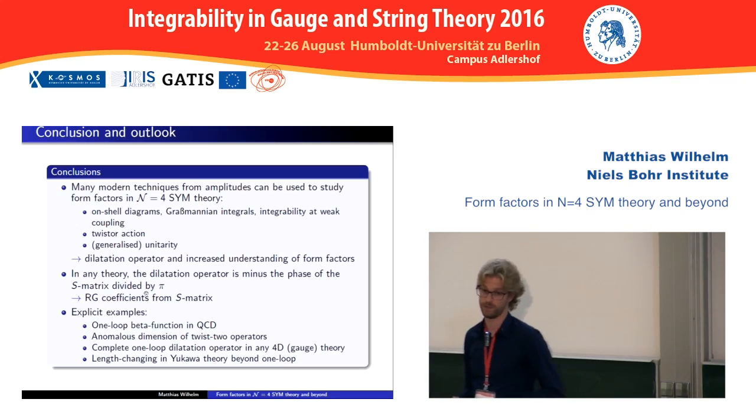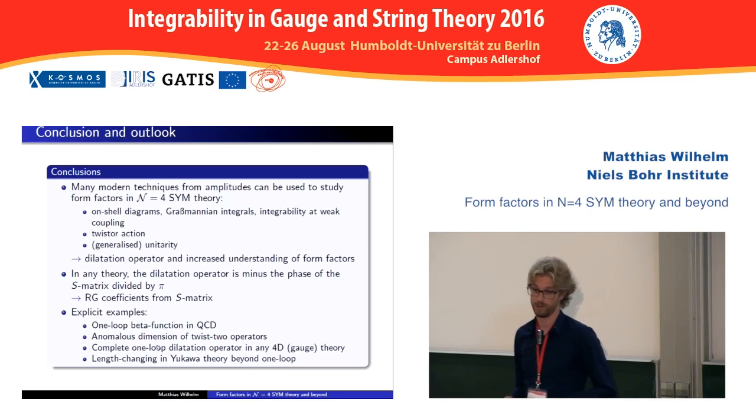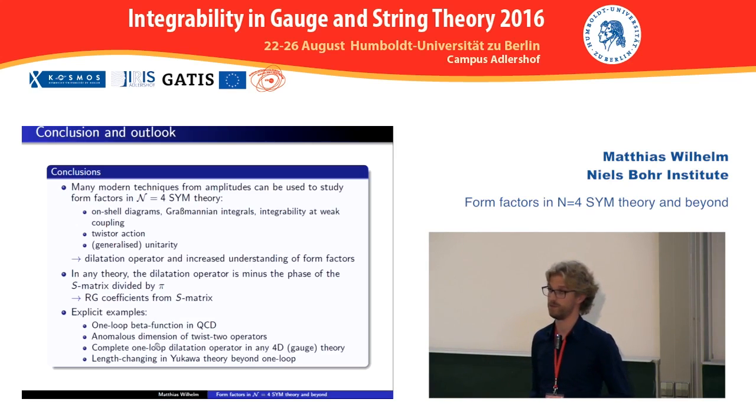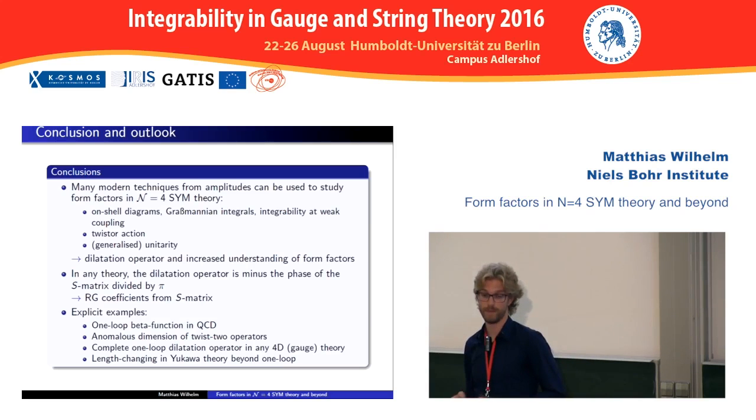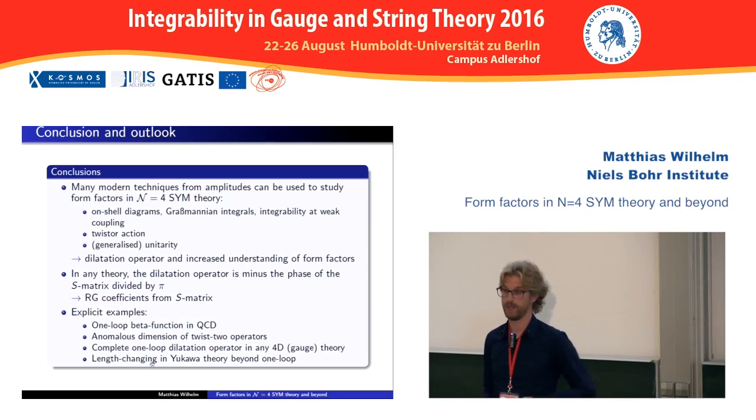I've shown you how to get the one-loop beta function in QCD this way, the one-loop anomalous dimensions of twist-2 operators. And moreover, I've applied this to obtain the complete one-loop dilatation operator in any 4-dimensional gauge theory, a new result. Then I went on to illustrate some generic features that occur at higher loop orders in Yukawa theory.